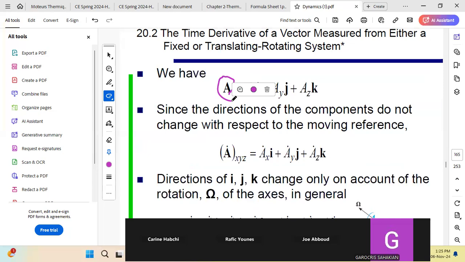And I want to see what is the expression of this derivative. So since the direction of the component does not change with respect to the moving reference, if you consider the derivative in small x, small y, small z, okay?